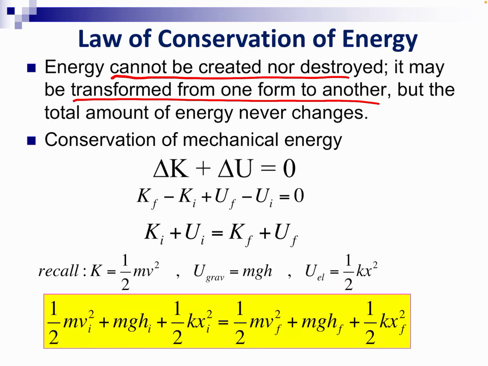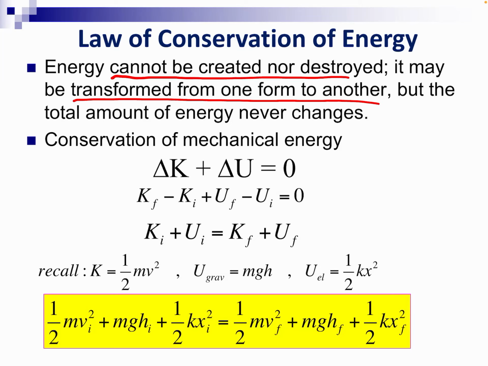So then I have this expanded equation that involves the initial and final speeds of the object, the initial and final position of the object, and if there's a spring or an elastic band, it also considers the elasticity, the spring constant, or how stiff the spring is and how much you've stretched the spring.